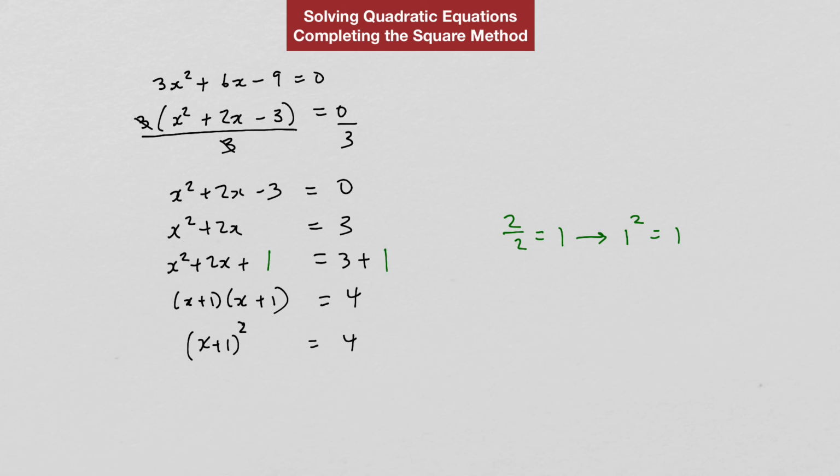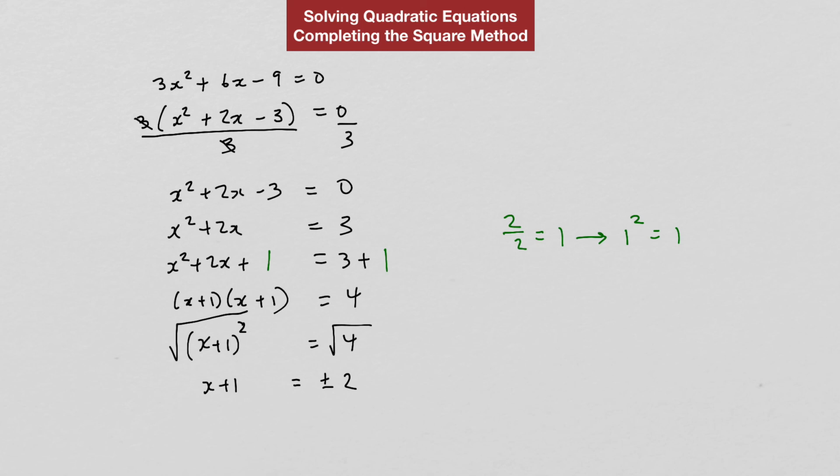And continuing on with the completing the square method, we square root both sides, and we get x plus 1 is equal to plus or minus 2, right? Because the square root of 4 is plus or minus 2. So now we're going to rewrite this equation to x. Actually, before we even do that, let's go ahead and simplify this first.